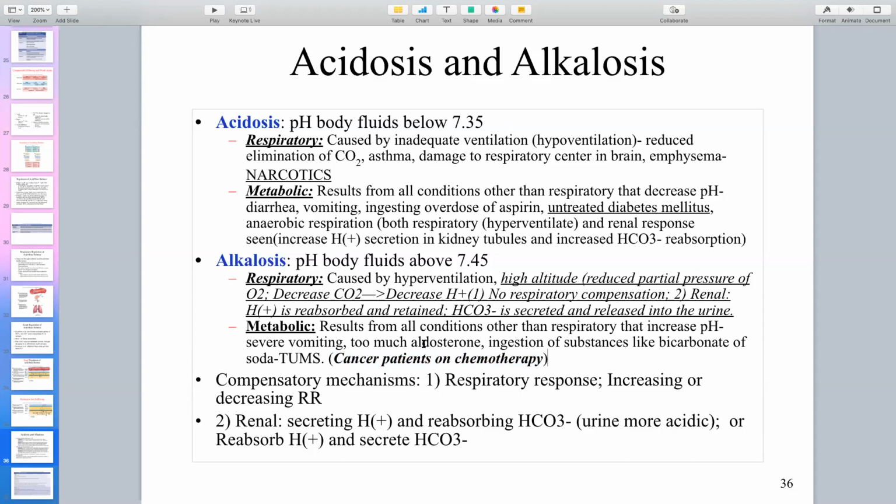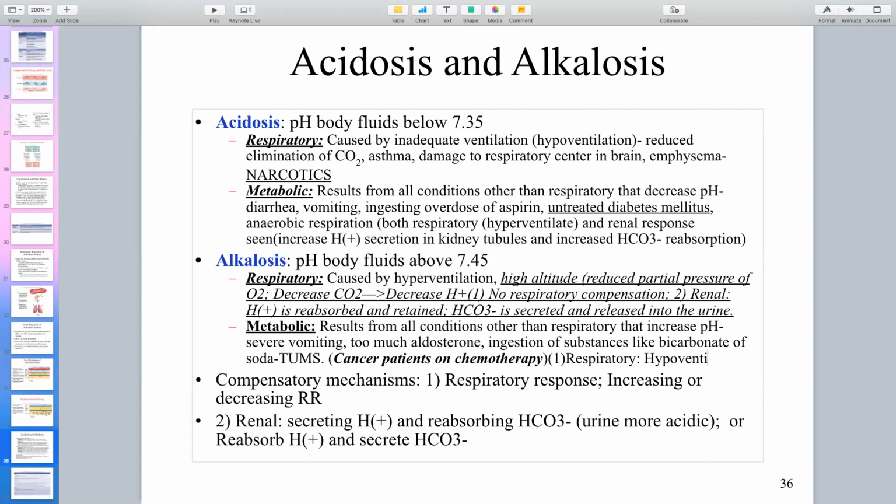Now, what kind of response? We see two responses, right? One, a respiratory response. What is a respiratory response? Again, at this point, we need to lower our pH. So we are going to hypoventilate.